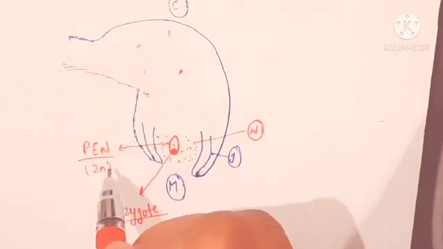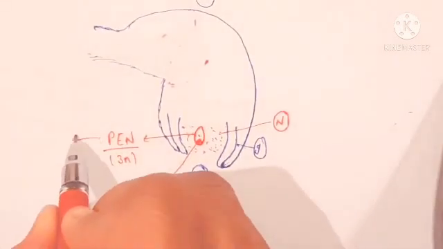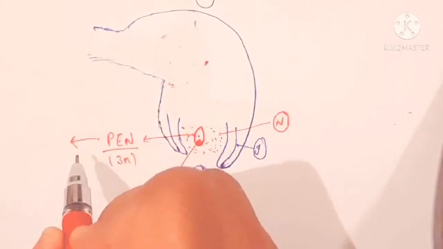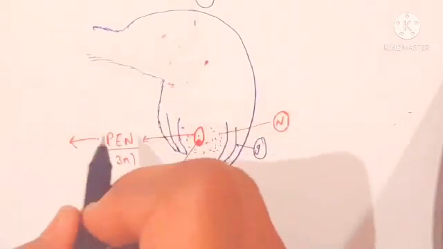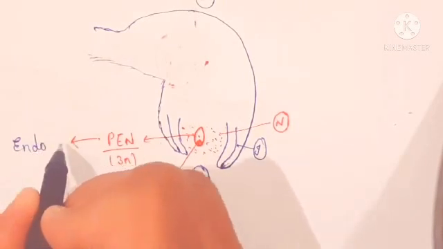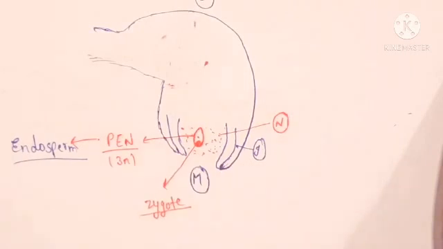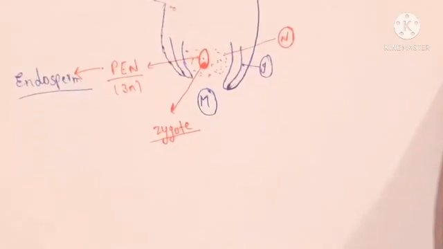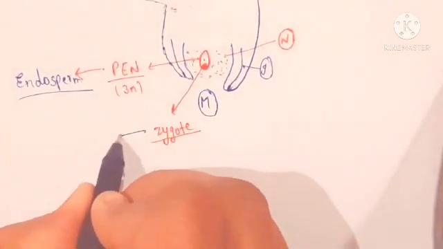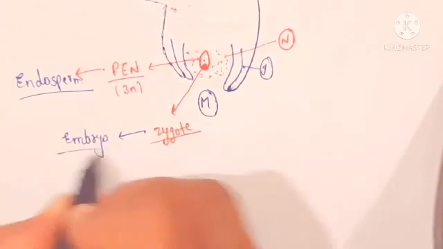This PEN, the primary endosperm nucleus, is converted into endosperm. Now friends, look here. This zygote is converted into embryo.